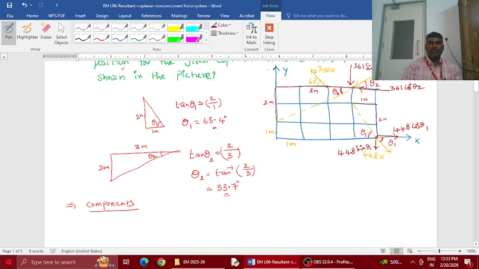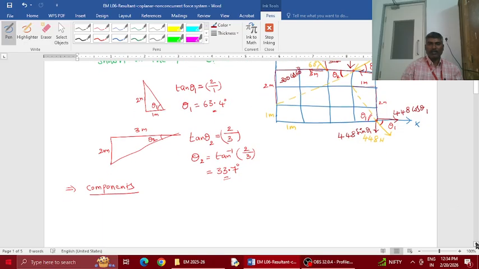Similarly, the 300 force has two components: 300 cos 60 is the horizontal component, and 300 sin 60 is the vertical component.